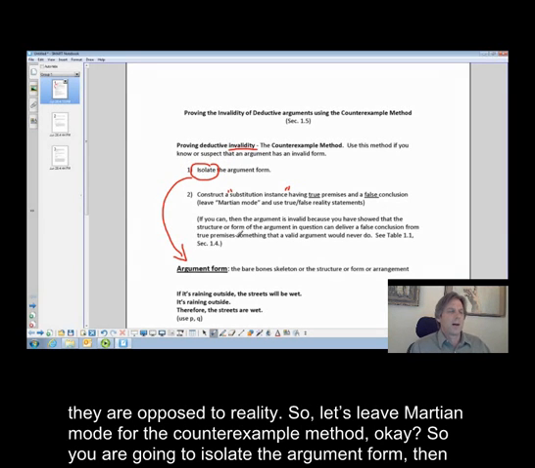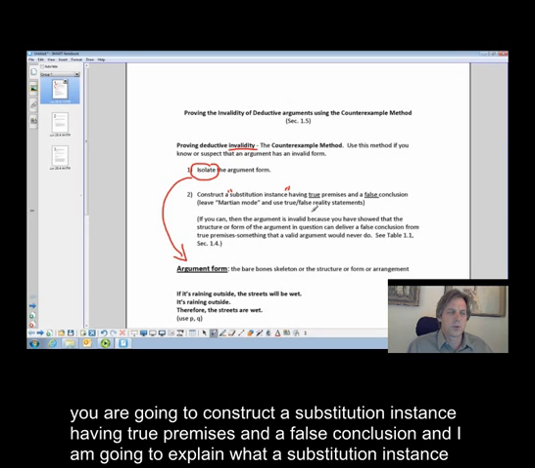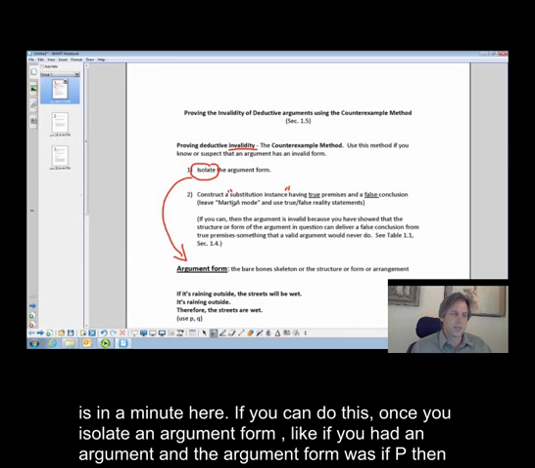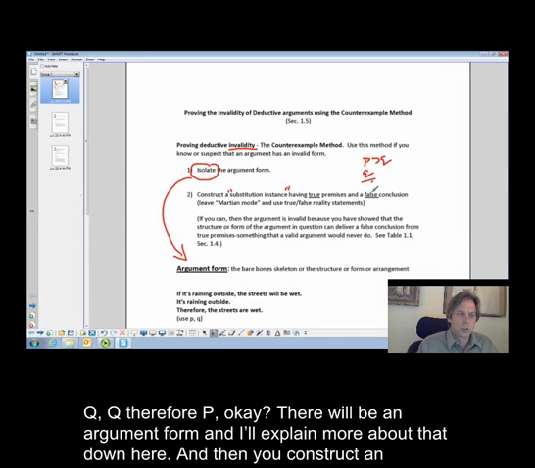Okay, so you're going to isolate the argument form, then construct a substitution instance having true premises and a false conclusion. I'm going to explain what a substitution instance is in a minute. Once you isolate an argument form, say the argument form was if P then Q, Q, therefore P, I'll explain more about that down here.